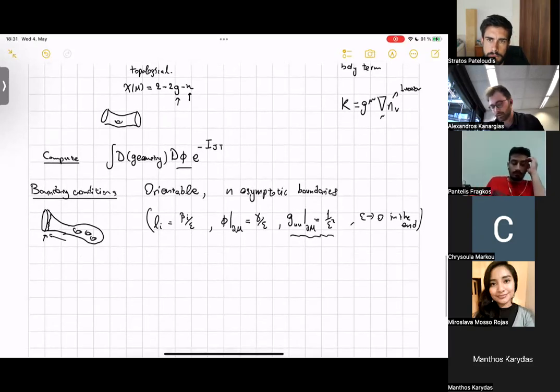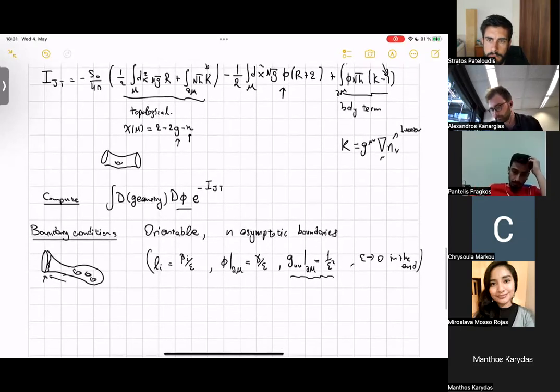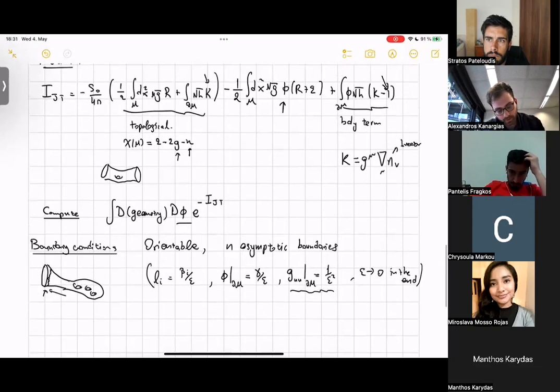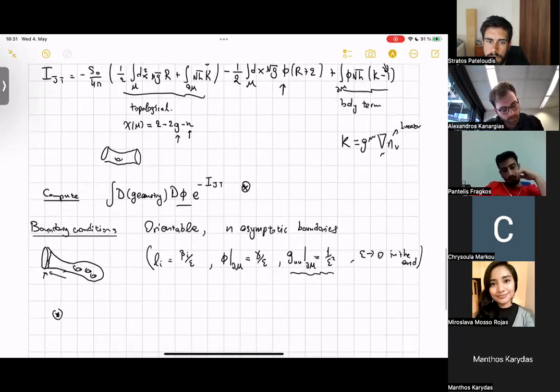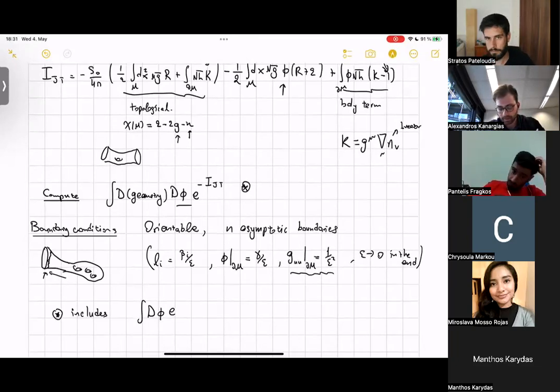All right. So now, this functional integral. How is this done? Usually, first you do the functional integral over d phi, and this includes such a term, and this gives this constraint.